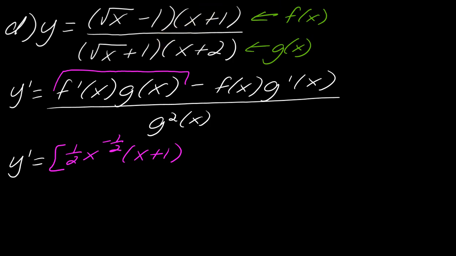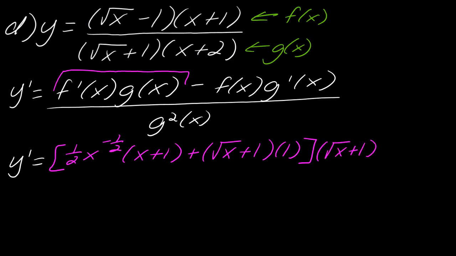And then I add to that, so I leave the first part of this alone, and then I have to take the derivative of x plus 1, which is thankfully just 1. Okay, so this part here is my f prime of x, and now I have to multiply that by g of x, which is this entire bottom part. So this is going to be the square root of x plus 1 and then x plus 2. So that's just the first part of this derivative.